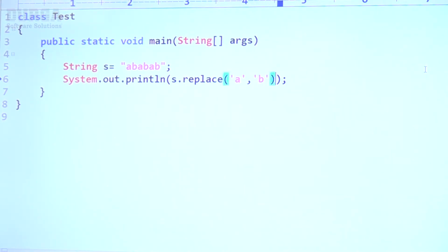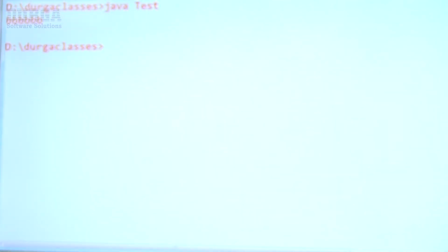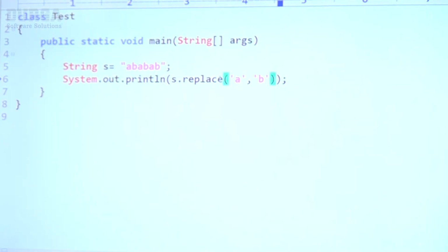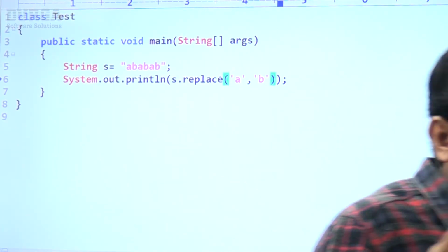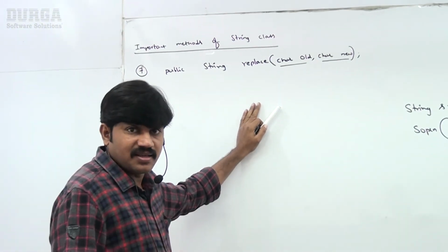Now what is the output we are going to get? All b's by default will be there. This is the output we are going to get, sir. So every a will be replaced with the b. That is the purpose of the replace method. Clear? Very easy. Nothing is there, sir.